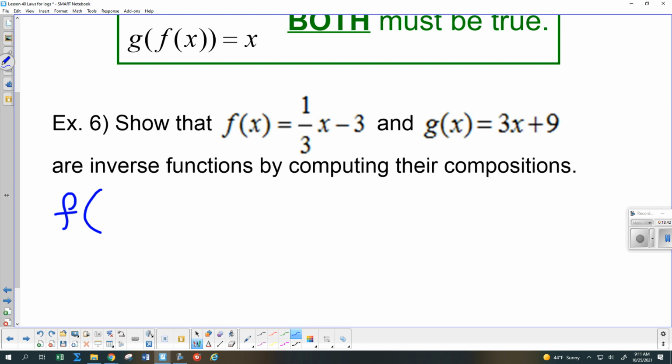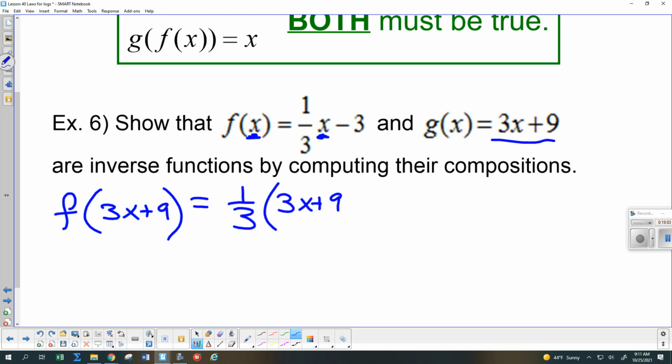It's enough labeling to do f of, and then I can write g of x, the 3x plus 9 in here, to tell me this is the one where we're plugging 3x plus 9 into this rule. So just this x becomes a 3x plus 9. We keep the 1/3. But now instead of times x, it's times 3x plus 9. And then we still have this minus 3 out here at the end.